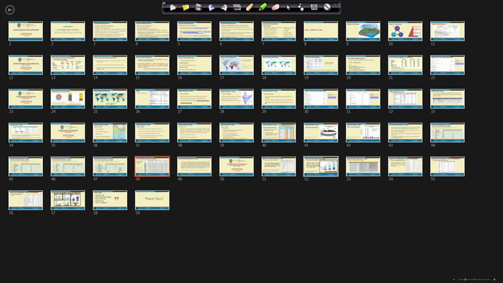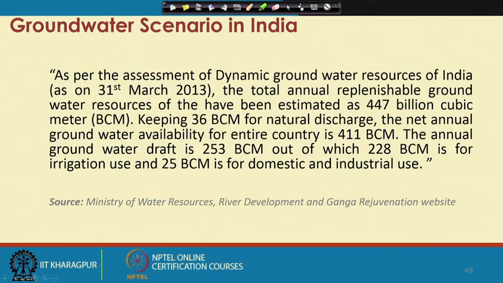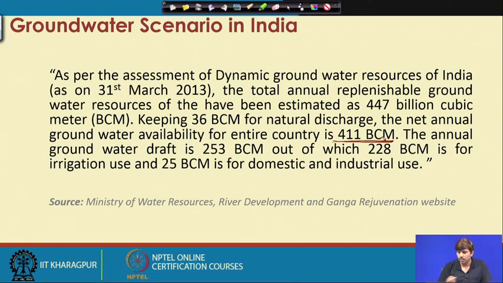If you see the overall scenario of groundwater as mentioned on the Ministry of Water Resources website, it reads that the total annual replenishable groundwater resources have been estimated at 447 billion cubic meter, keeping 36 billion cubic meter for natural discharge. The net availability for the entire country is 411 billion cubic meter.